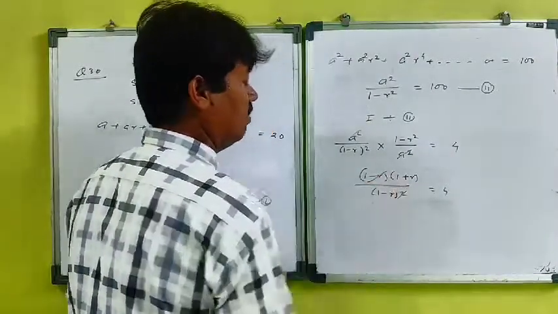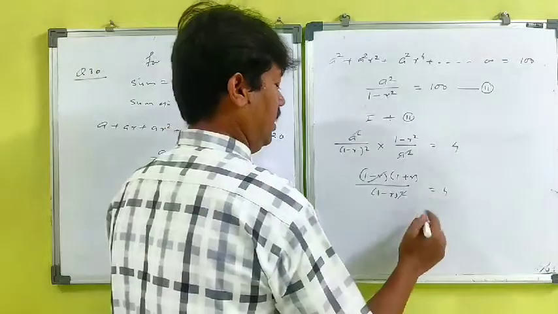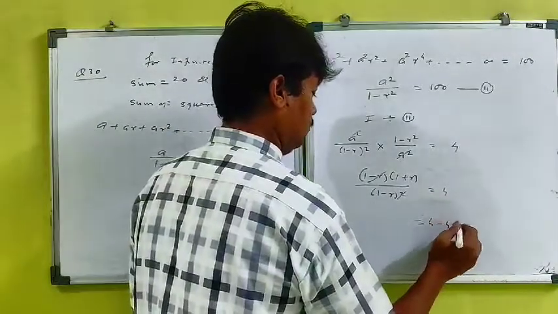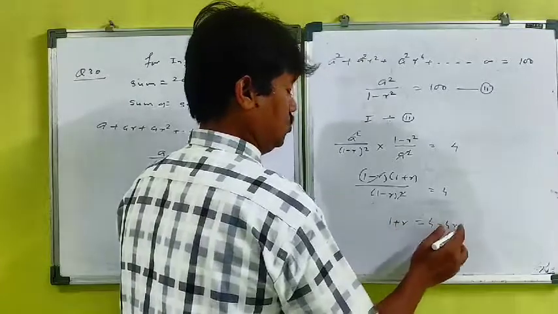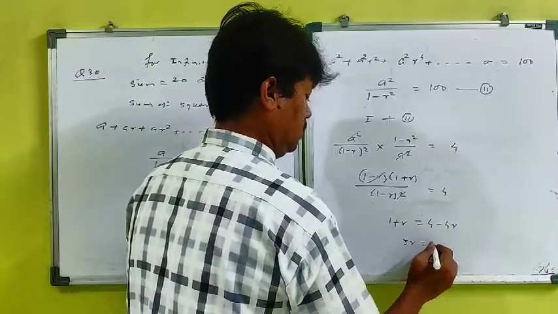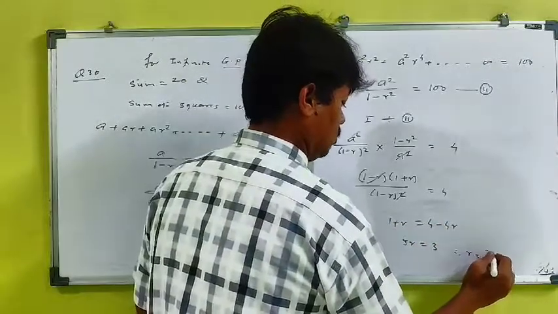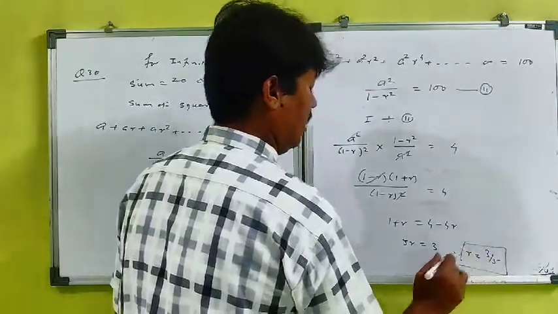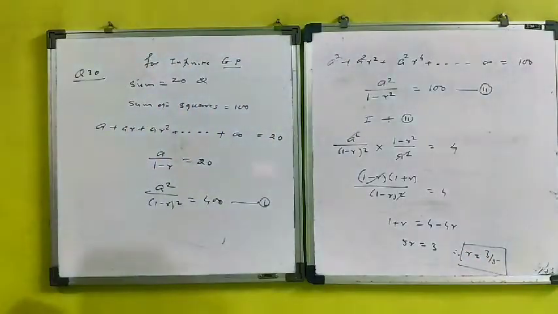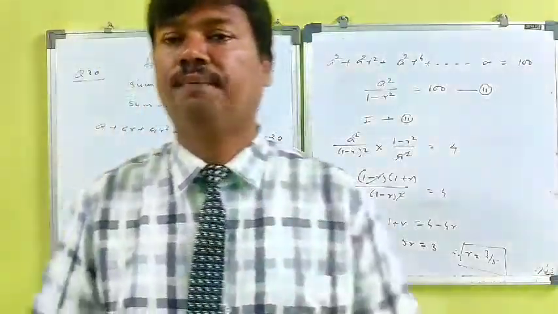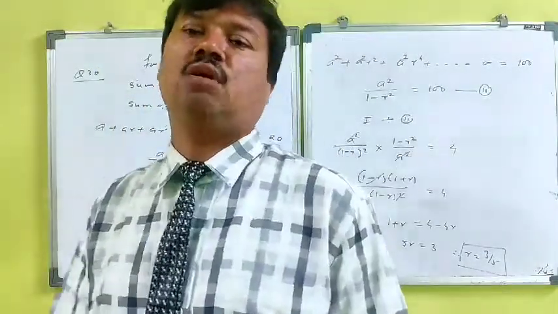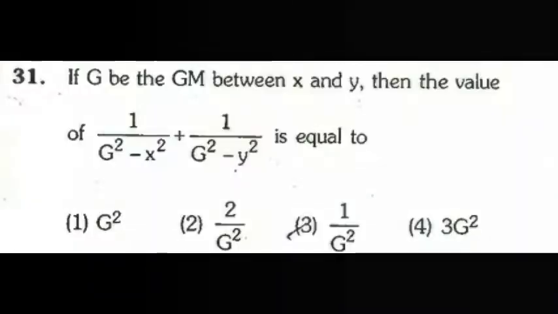So this 1 minus R will get out. So this will multiply here and become 4 minus 4R. So 5R is equal to 3. So R is equal to 3 upon 5. So the common ratio R for this is 3 upon 5. That is the answer. So the common ratio is 3 by 5.